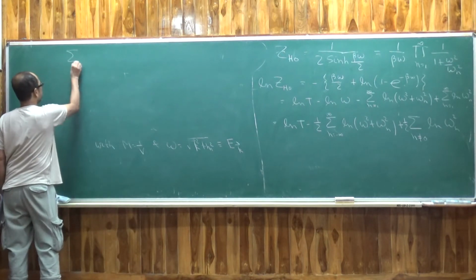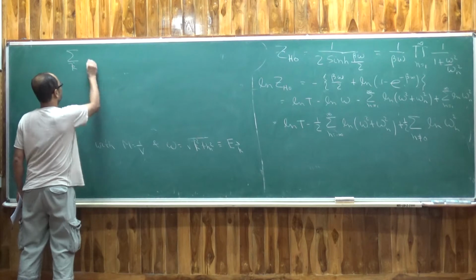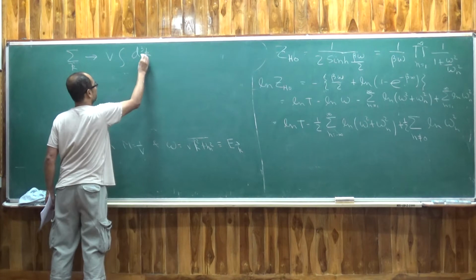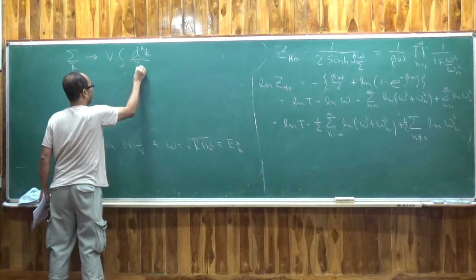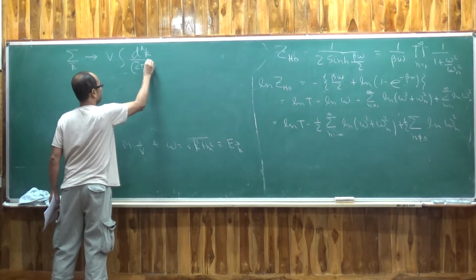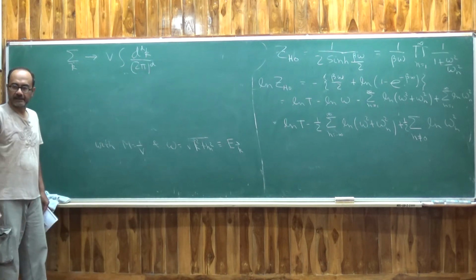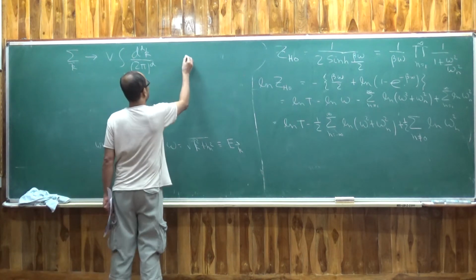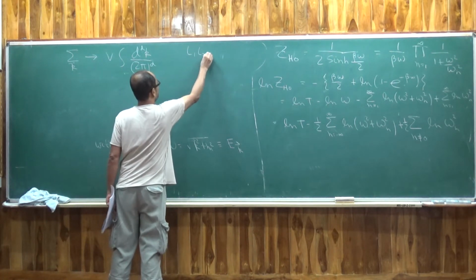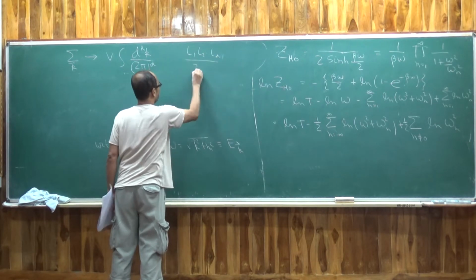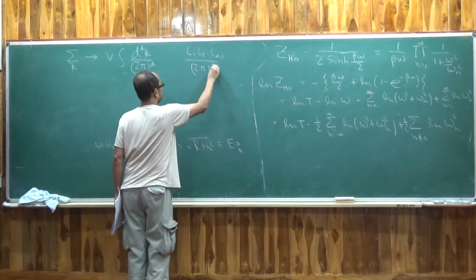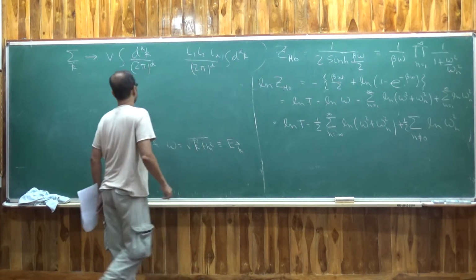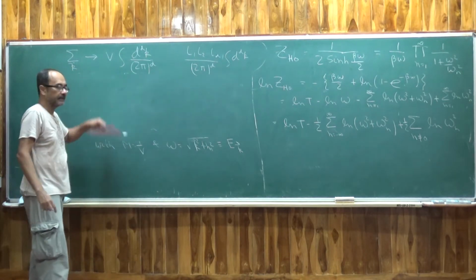So sum over k will become V times the integral d^dk over (2π)^d. Is this familiar? Sum over k becomes basically L1, L2 up to Ld over (2π)^d and then the integral d^dk. That's all I got to use.